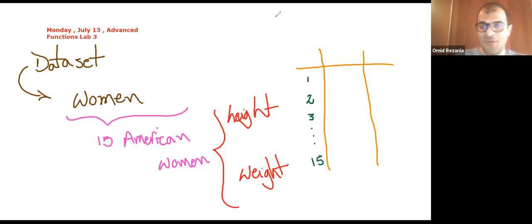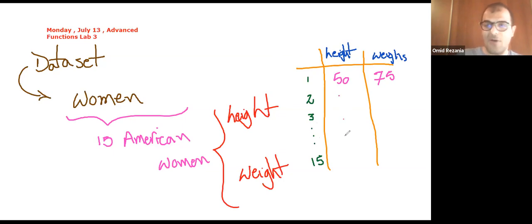Then we had their heights and we had their weights. For example, women number 1, probably its height was, let's say, 50 inches, and the weight was, for example, 75 pounds. And we had all the way go down there. Okay, that was essentially the data sets that we had.